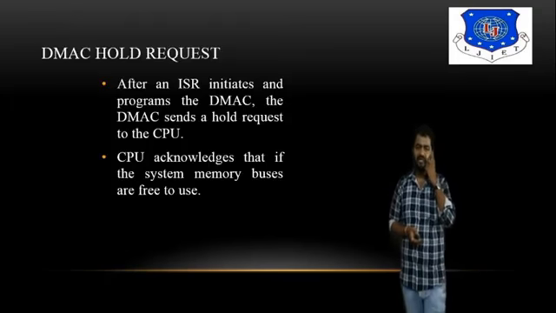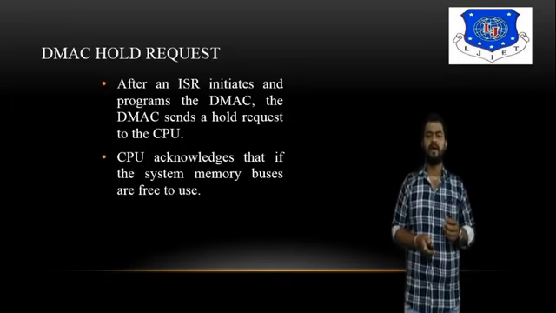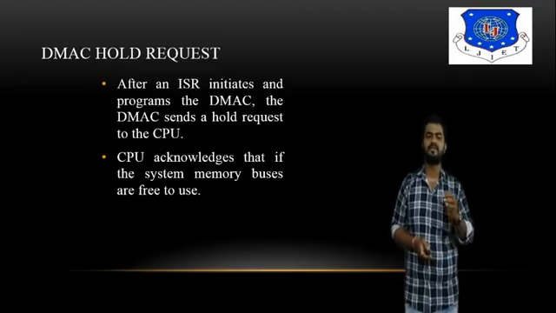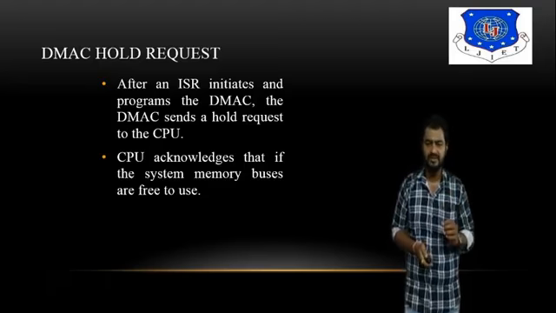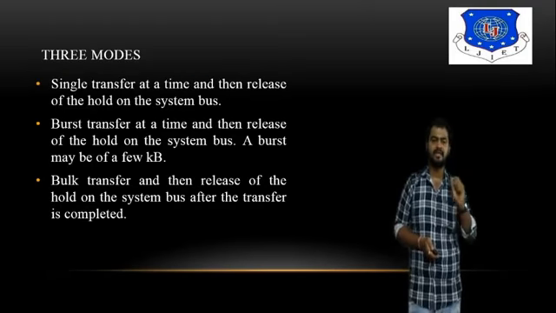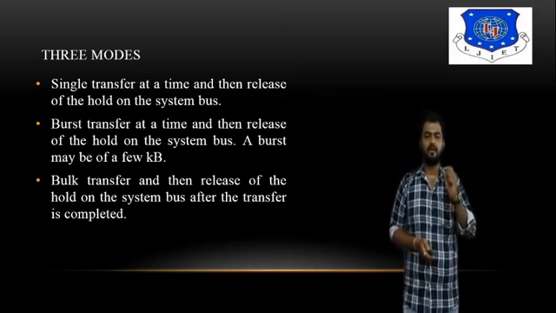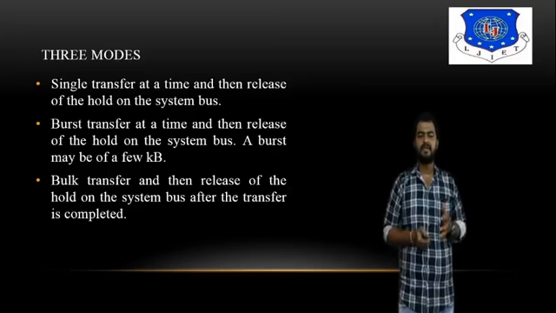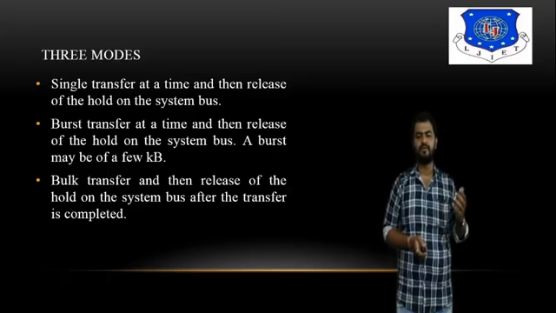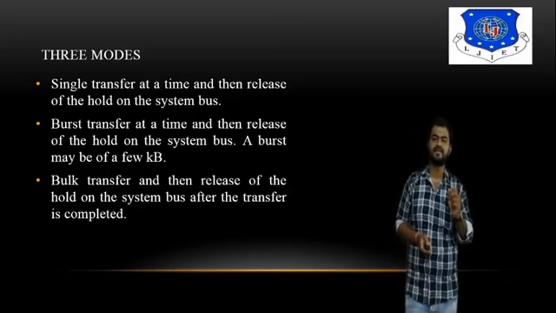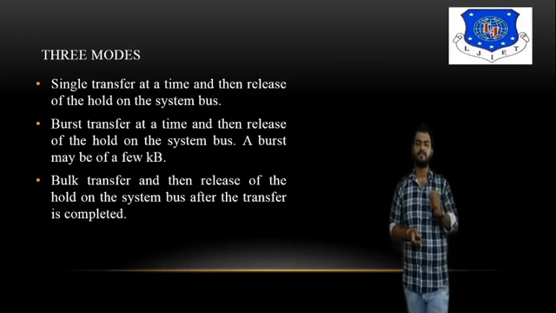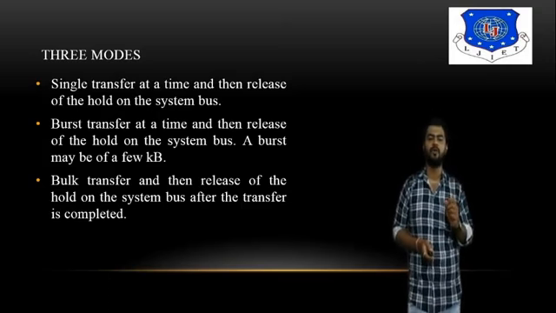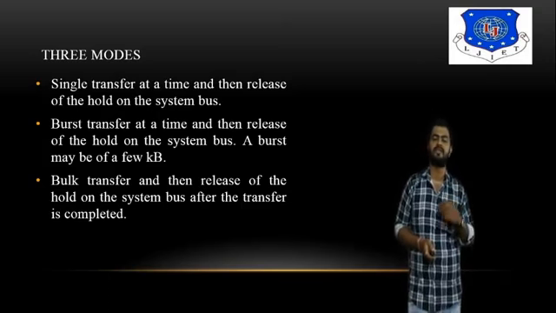DMA hold request. After the ISR is initiated and the DMA is programmed, the DMA sends the hold request to the CPU. The CPU acknowledges if the system memory buses are free to use. There are three modes: single transfer at a time and then release of the hold on the system bus; burst transfer at a time and then release of the hold on the system bus, where a burst may be in terms of kilobytes; and bulk transfer and then release of the hold on the system bus after the transfer is completed.